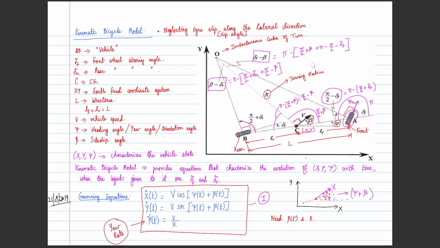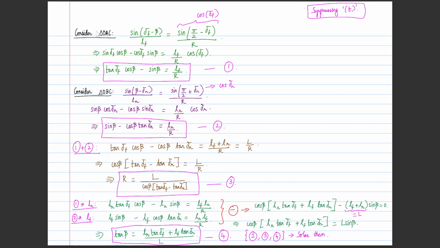Now if we were to consider triangle OAC and triangle OBC, okay, so let's look at triangle OAC.